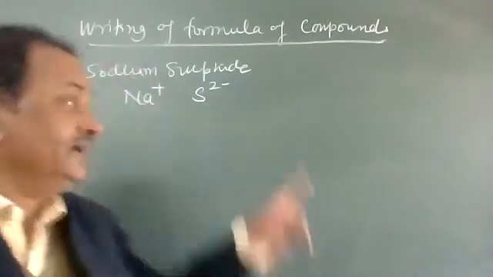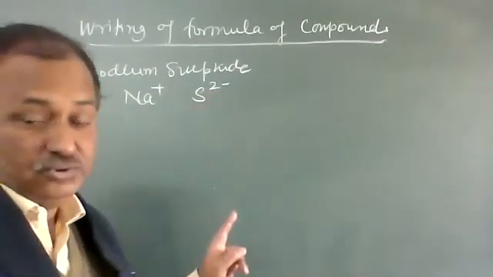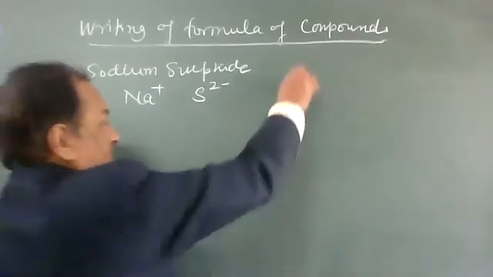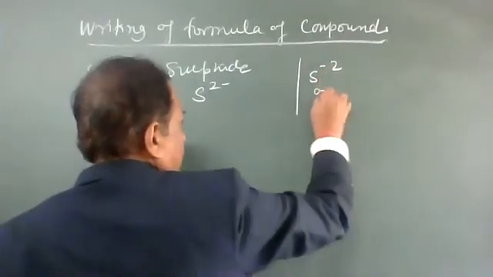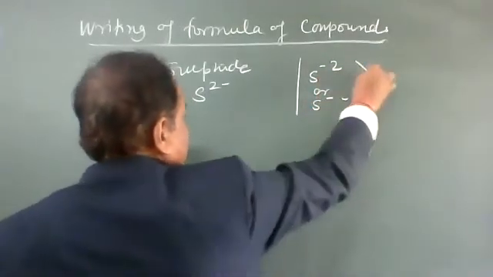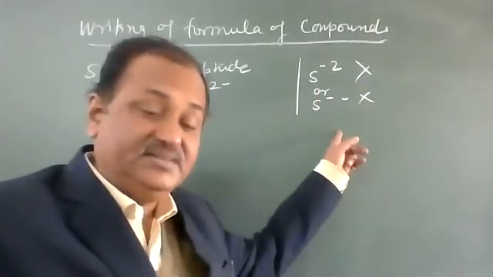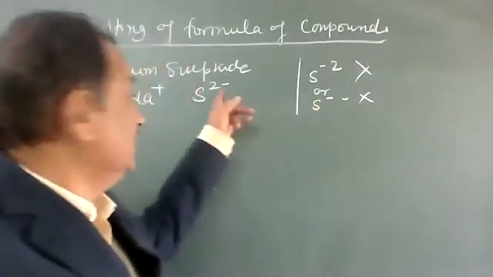Now we are writing like this: 2 minus, not minus 2, not minus minus. This is only acceptable. The minus 2 style is not acceptable now. It has become obsolete. It is of no use and doesn't have any validity. This is only valid.